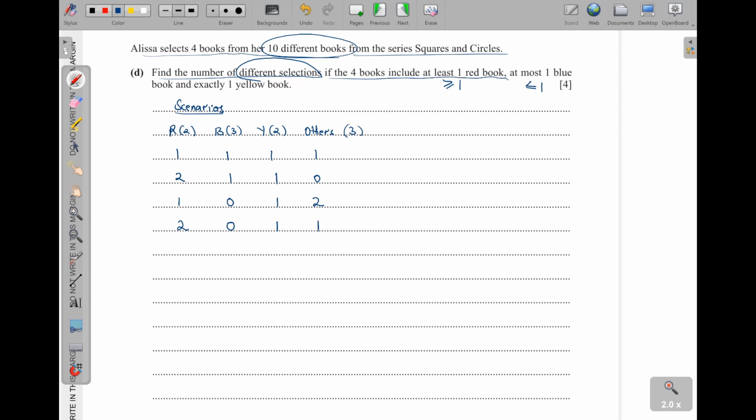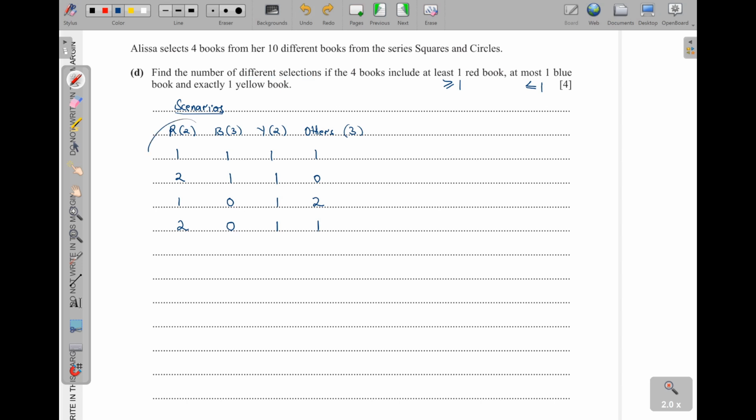Now this one might look a little bit confusing because usually we have been dealing with, if they say different selections, then we only look at the combination here. But now this one is about the books which are different. Okay, it's about the books which are different, not about the colors. You get that? Not about the colors, so it's about the books.